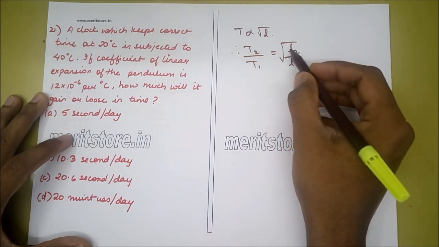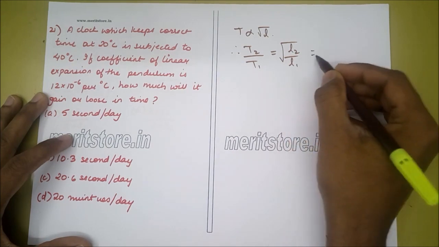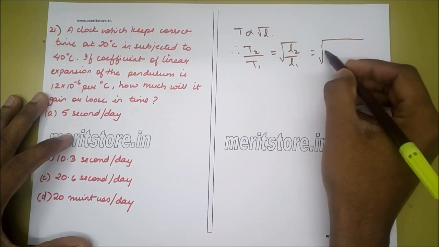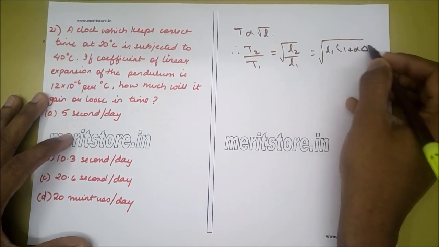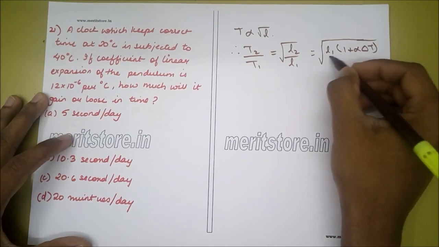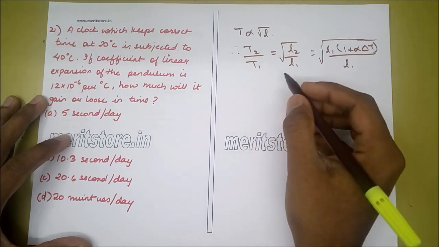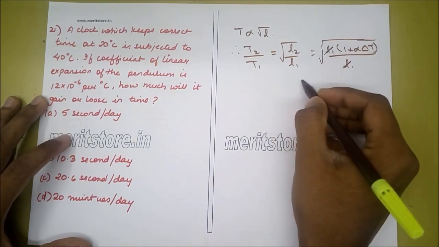And L2 is the length of the pendulum after it has been subjected to 40 degrees Celsius. So using linear expansion, L2 is equal to L1 times 1 plus alpha into delta T, where delta T is the change in temperature and alpha is the coefficient of linear expansion. So therefore L1 gets cancelled.